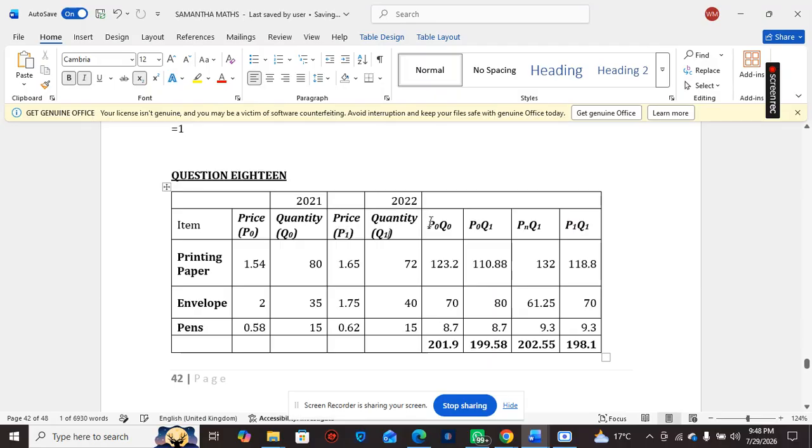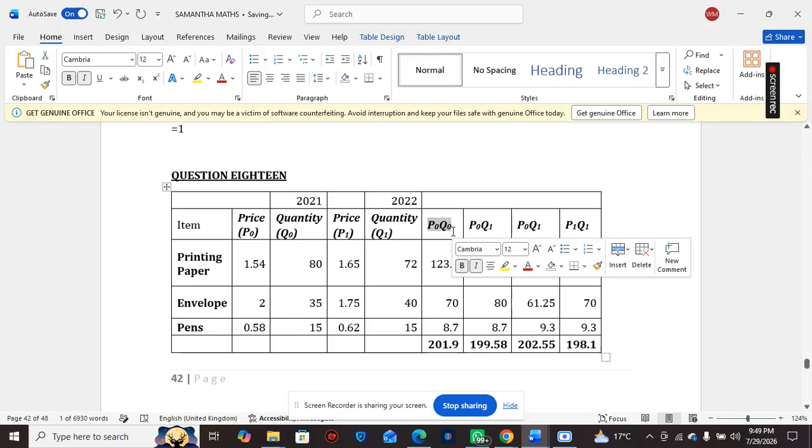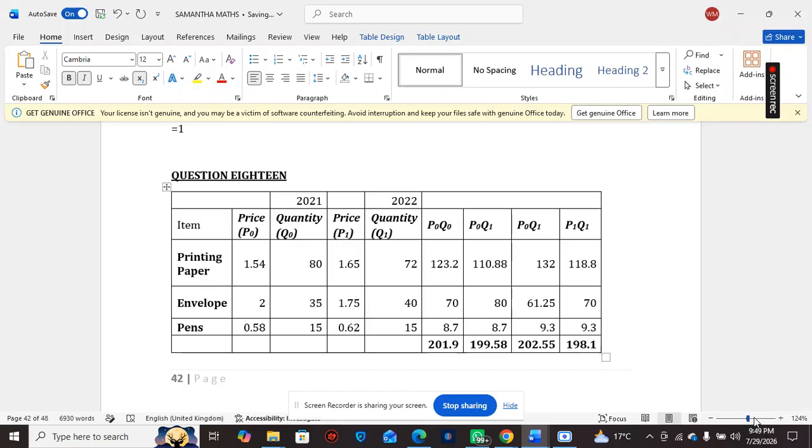So in this table, what's going to be happening here, colleagues, is we're going to multiply each year's prices. The first row, we're multiplying 2021's prices with 2021's quantities. Have you seen this P0Q0 here?